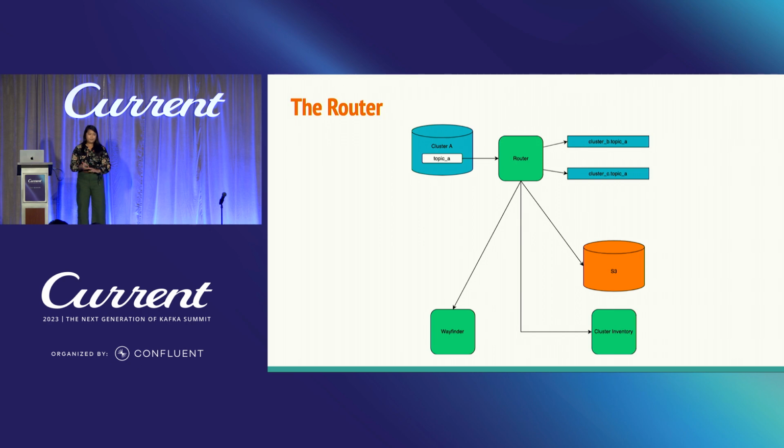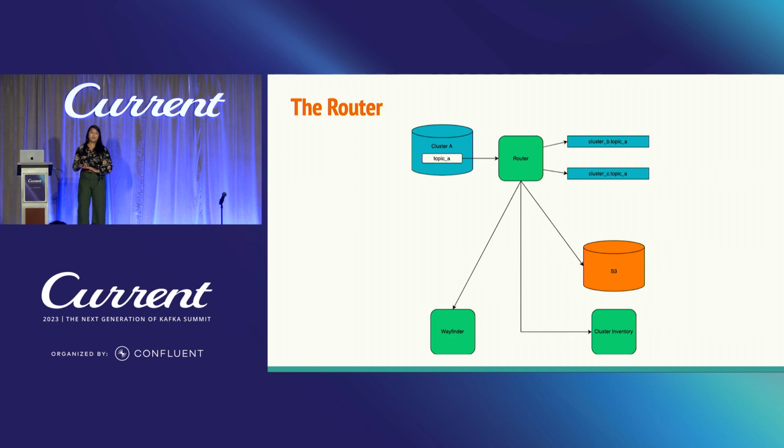Once it discovers those topics, it's going to create a routed topic in an intermediary Kafka cluster, and they're named a specific way. They're going to be named the destination dot the source topic name. And those represent each destination that source topic can go to. Each of those is pretty much a copy of the source topic.